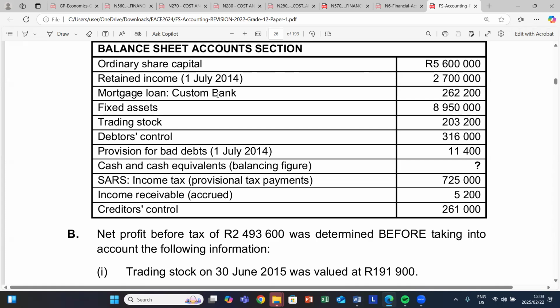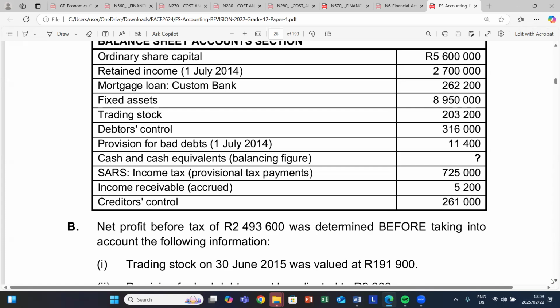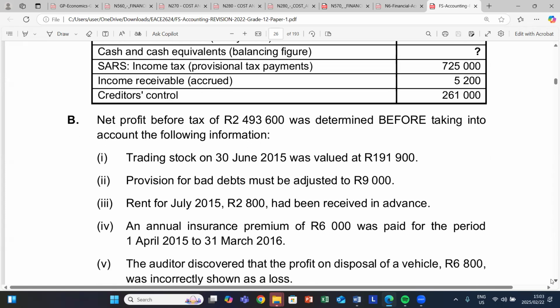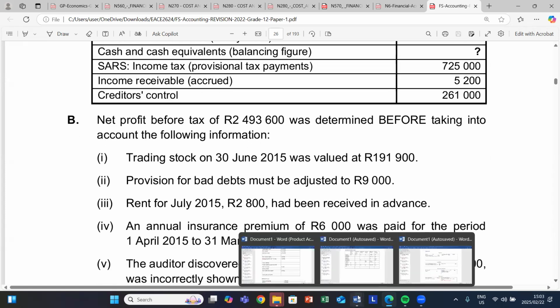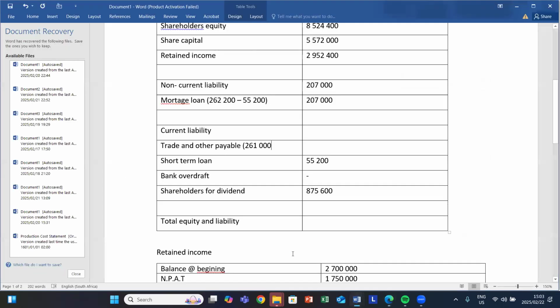It's income received in advance, which amounted to 2,000. Say plus. That's 2,800.